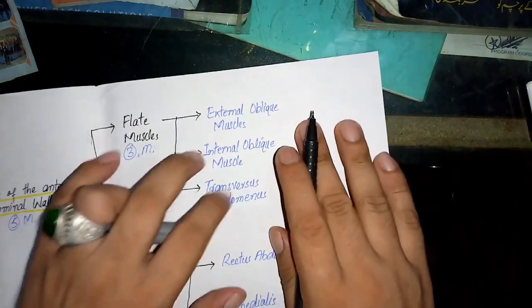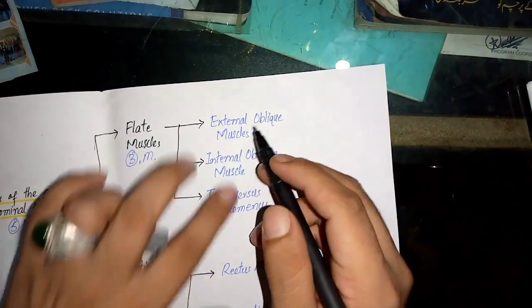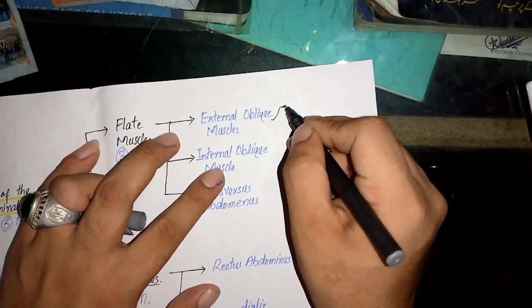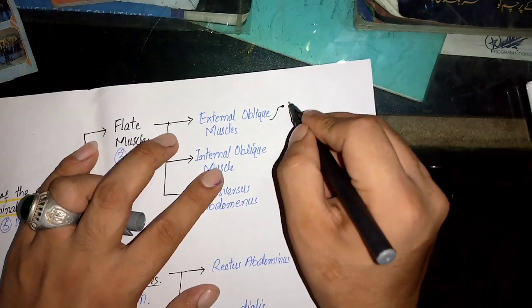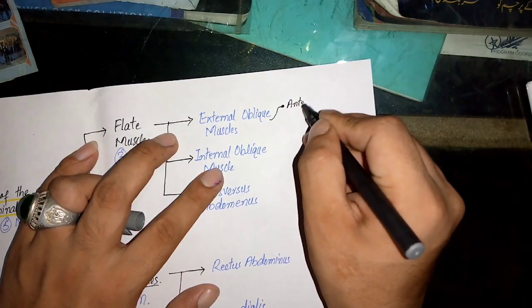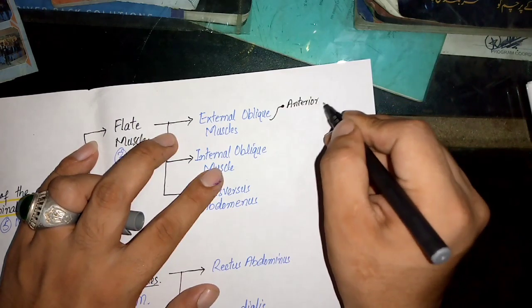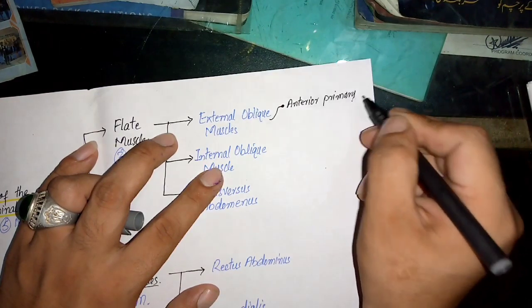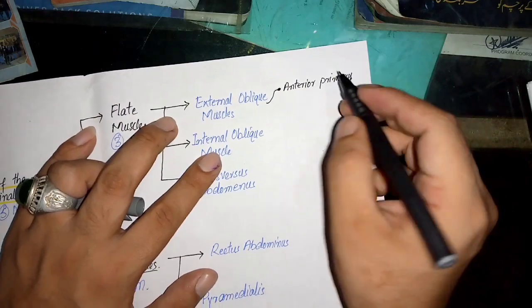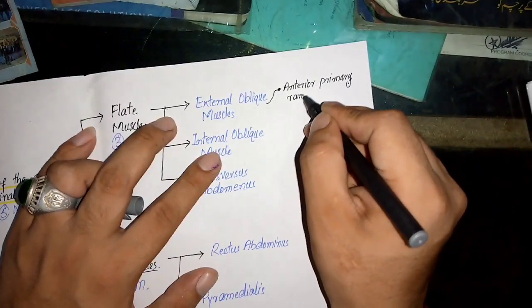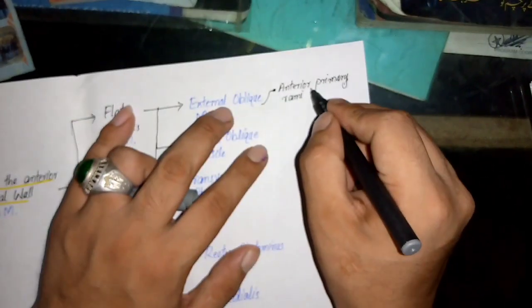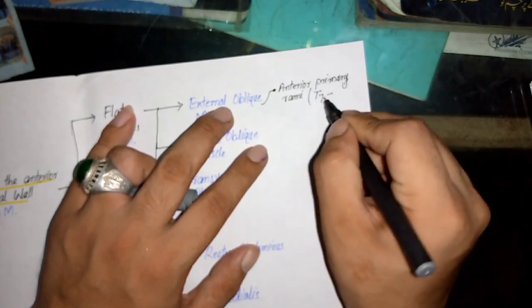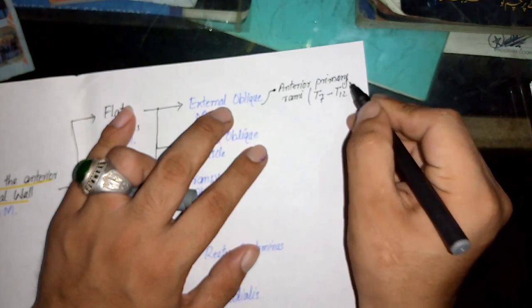The first muscle is the external oblique muscle. This muscle is supplied by the anterior primary rami, and its roots are from T7 to T12.